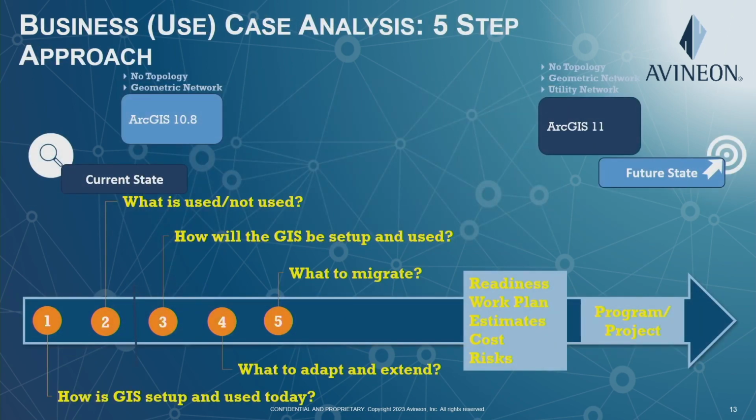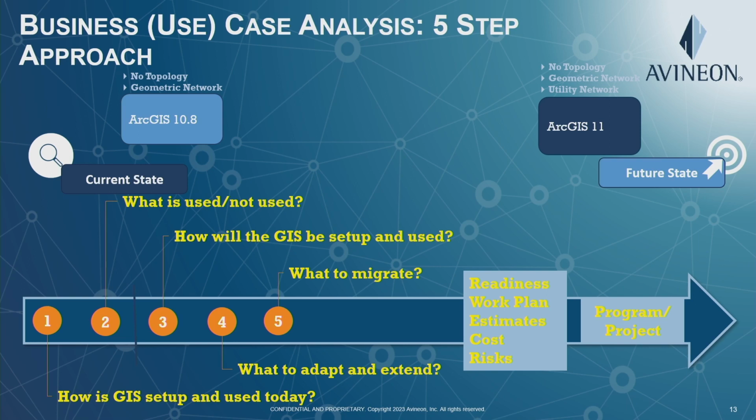So we really recommend a 5-step approach to organizations when they're looking at getting from the current state, what they have, to that desired future state. First, taking a look at how GIS is set up and used today. Then from there, what's actually being used? There are probably a lot of services out there that were published at one time by one person who's no longer in your organization, connected to a web map that's now lost, that nobody's opened in 10 years.